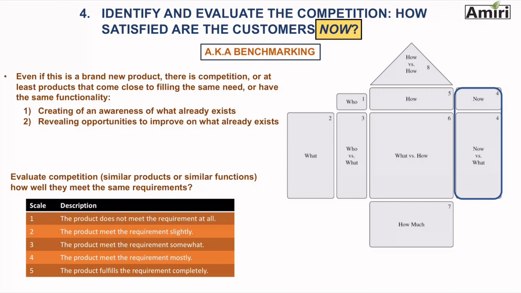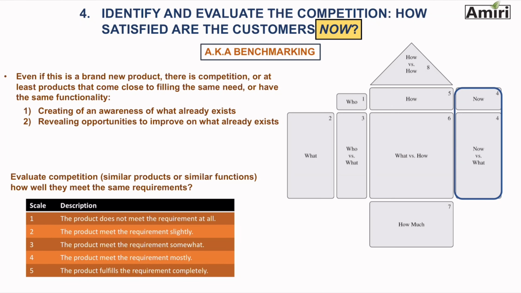Even if you are developing a brand new product and nothing like it exists, you can still find some similar functionality in current products and evaluate their strengths and weaknesses against the customer requirements. Remember that in step 4, once you find some products, you compare them to what you developed in step 2, the customer requirements.